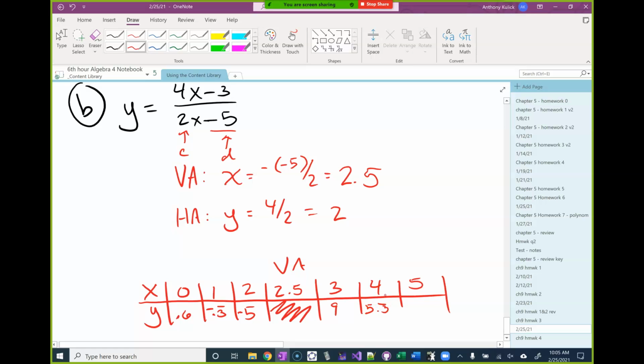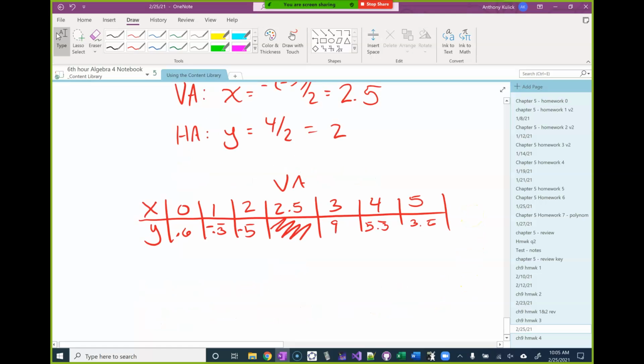And we have 20 minus 3 over 10 minus 5, which is 17/5, which is like 3 2/3. And again, since we're graphing this, a decimal is fine. Rounded to 1 decimal place is probably sufficient, right?